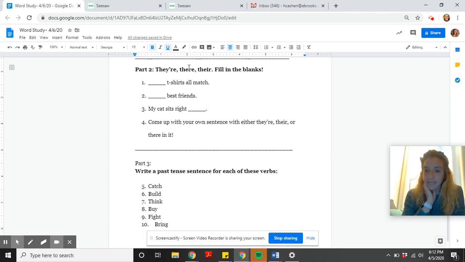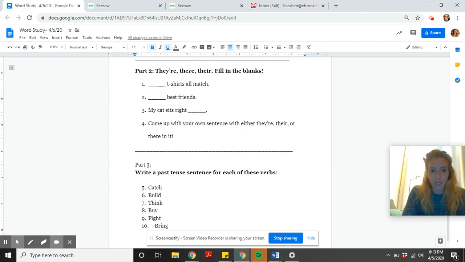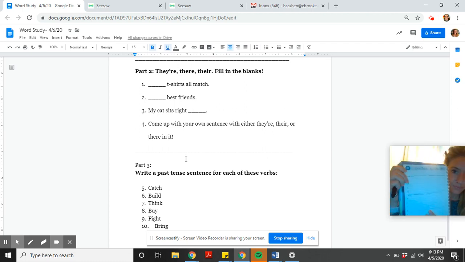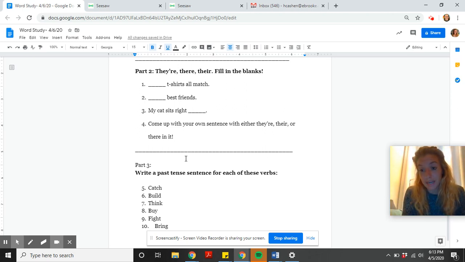Okay, take a second to finish up your dictation, make sure you have all your punctuation, and then you can pause the video right here because this will tell you exactly what needs to be on all the lines you already set up. For example, on line one, I'm looking at the screen right now, the pink t-shirts all match. I need to figure out which there goes there.